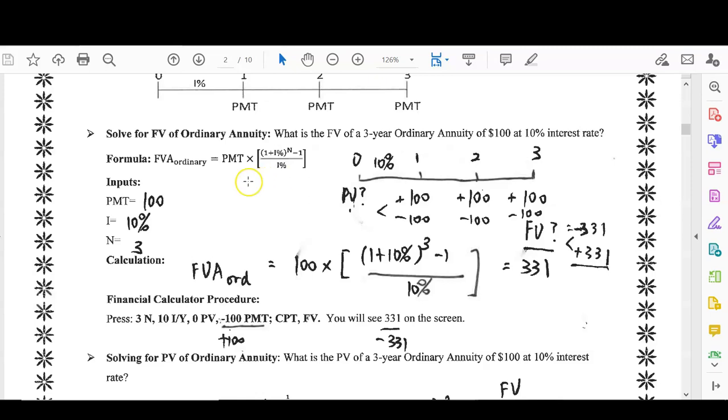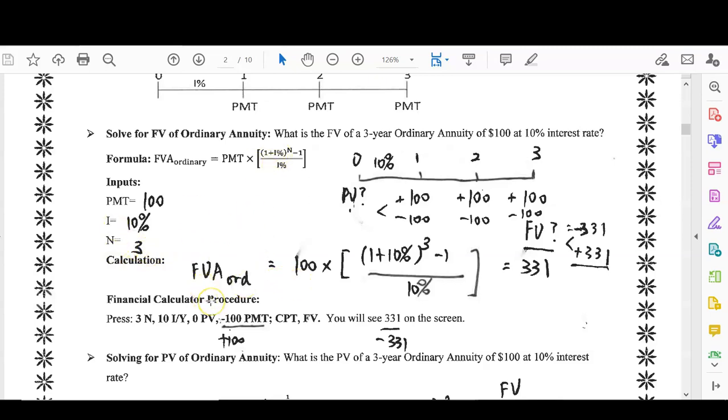Okay, for example, here the payment would be 100 because we have 3 100s. And then in the formula, I, the interest rate, would be 10%, because we're using the formula, so we keep the percentage sign. N is number of years, so we use 3, and then we plug the numbers into the formula.